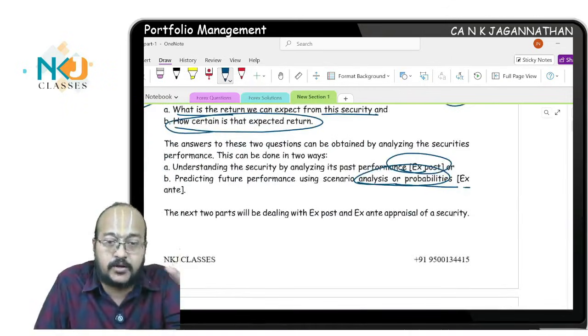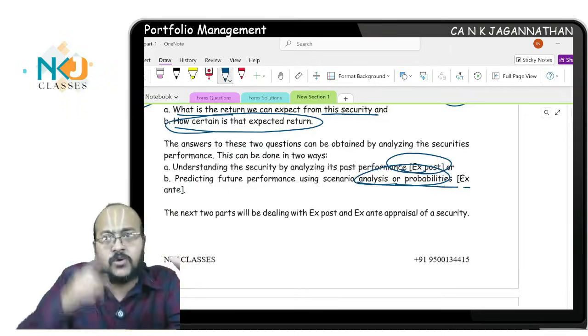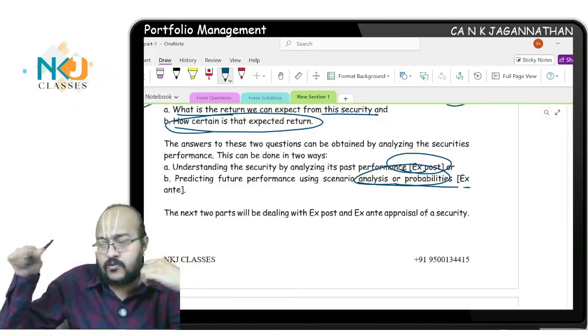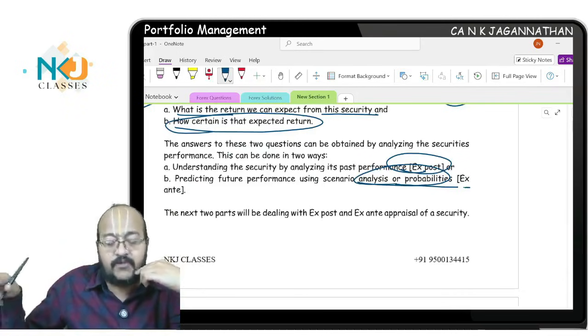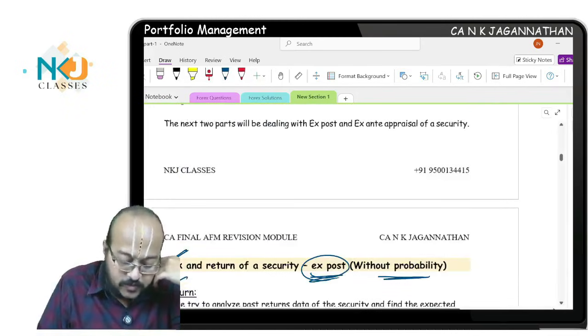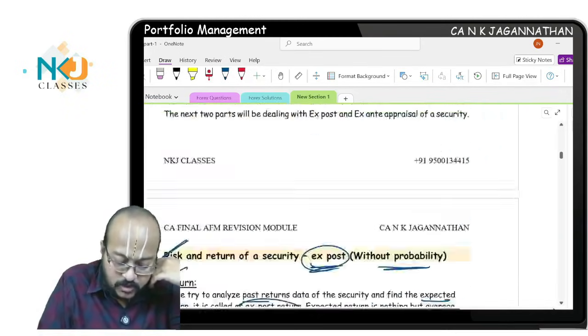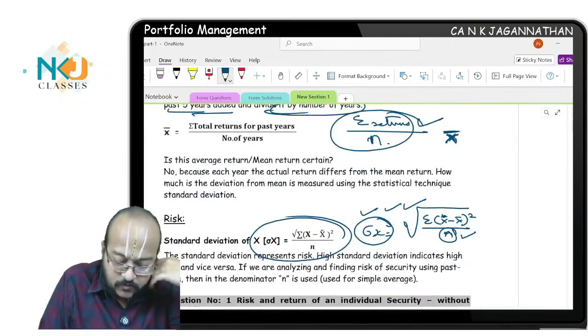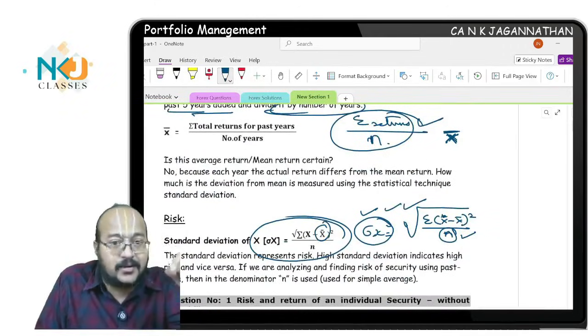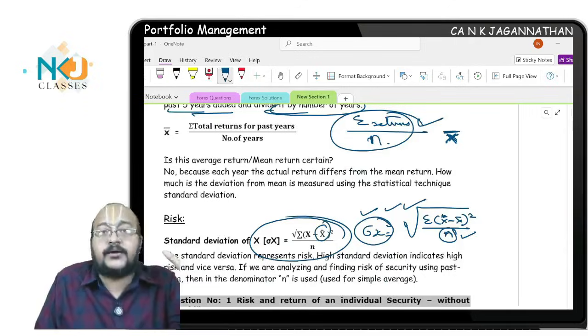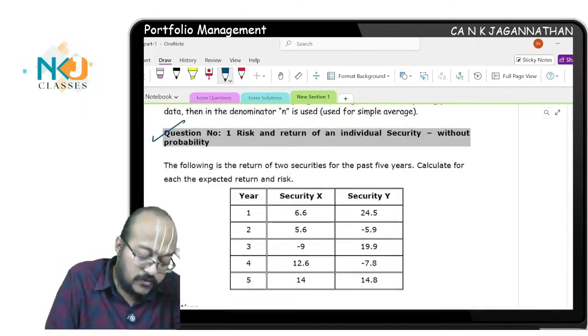Very simple, standard deviation is equal to the square root of summation of x minus x bar the whole square divided by n. Here x bar means mean. Are you all understanding?